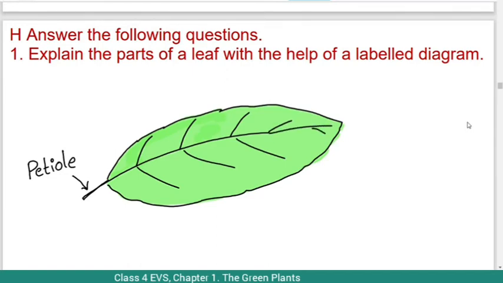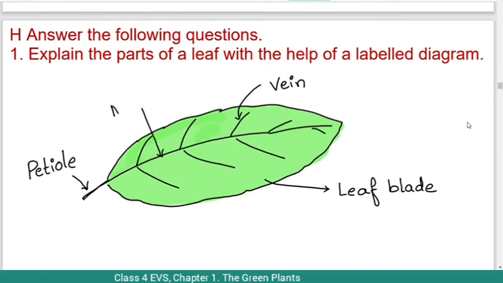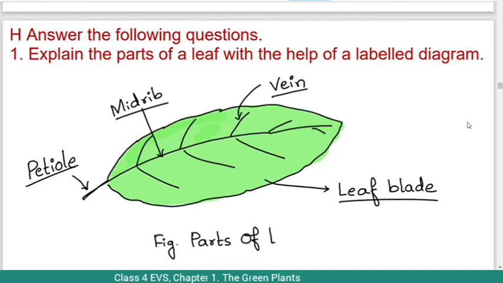So I will label other parts also. This flat part is called leaf blade. This is vein. And this is the midrib. Petiole, leaf blade, vein, midrib. So these are the parts of a leaf.